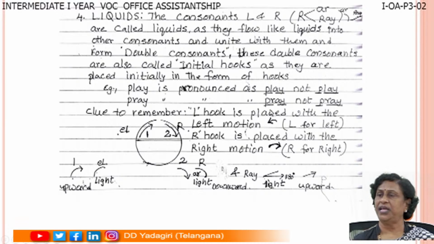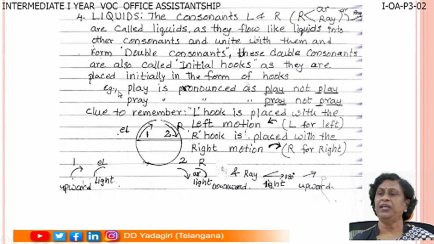We are pronouncing it as pray, per and then A, not as pare, pale, karai, tarai, darai. You say cry, try, play, pray, isn't it? So this example shows that liquids blend into union with other consonants to form double consonants. We are not pronouncing it as pale, it is play. In that manner, they are called double consonants.